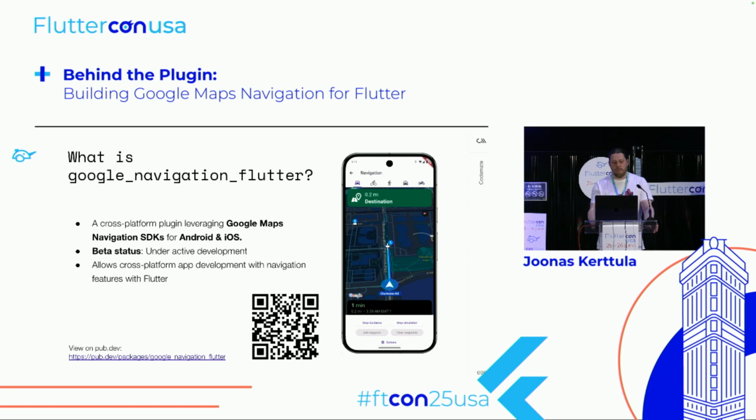This allows cross-platform app development with navigation features with Flutter. This is normally not possible without having custom overlays on a Google Maps Flutter application. So this SDK allows navigation using the official Google APIs.